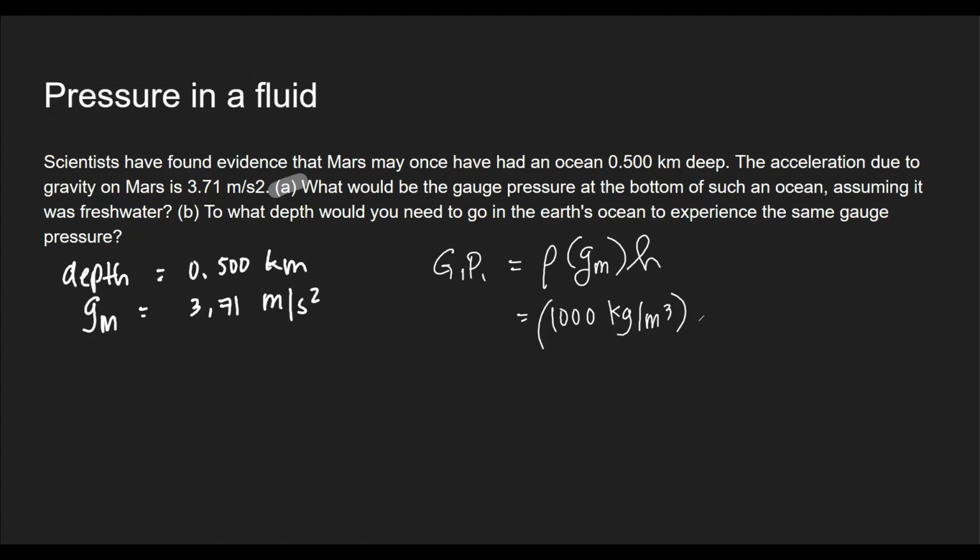This is just given. Same is true with your g, which is 3.71 in this case. Your height here, instead of 0.5, is just 500 meters. Calculate. We actually have 1,855,000 newtons per meter squared, or pascals.